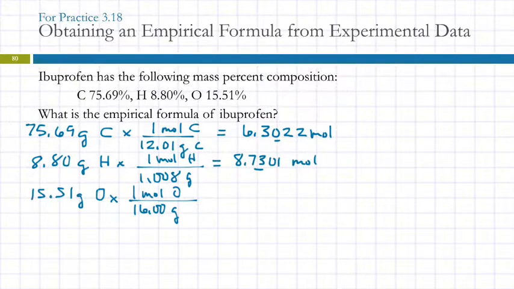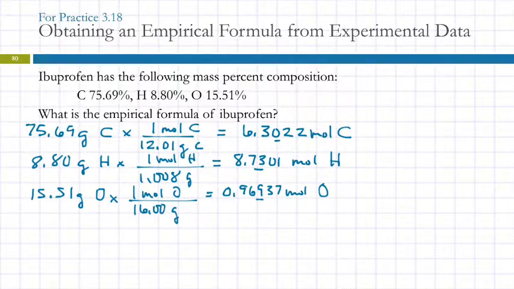And the oxygen, 0.96937 moles. So this is moles of carbon, moles of hydrogen, moles of oxygen.